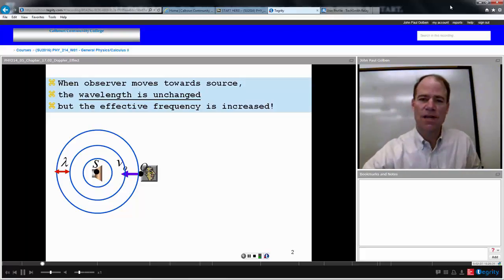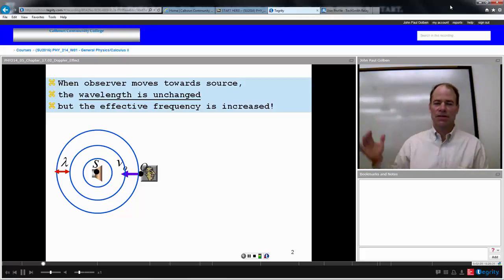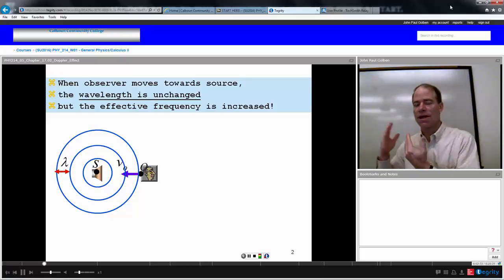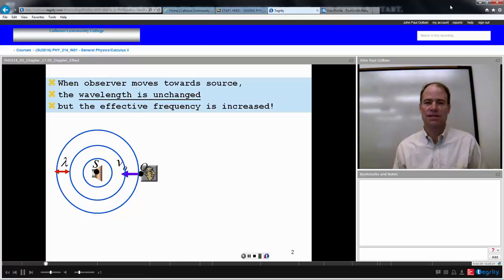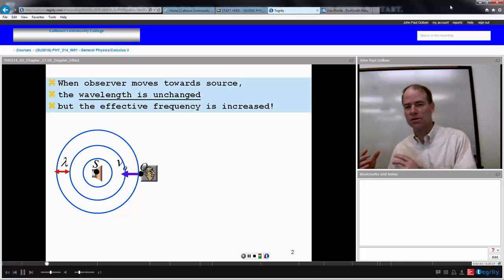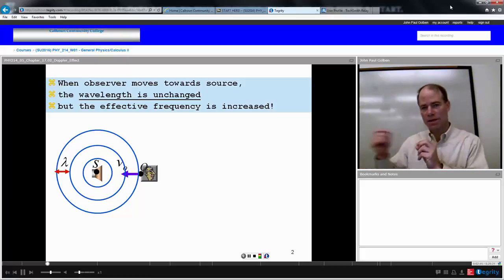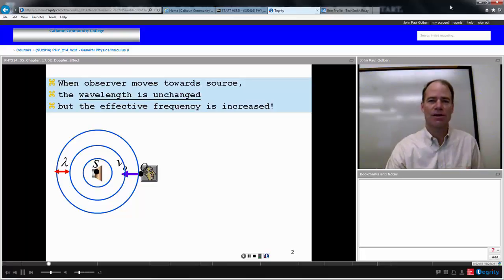So as far as I'm perceiving things, even though the wave fronts haven't changed, I'm going to pick them up sooner. I'm going to hear a higher frequency of those wave fronts than if I had just been standing still. So if I am the observer moving toward a source, I'm going to pick up more wave fronts per time, and I will hear a higher frequency.